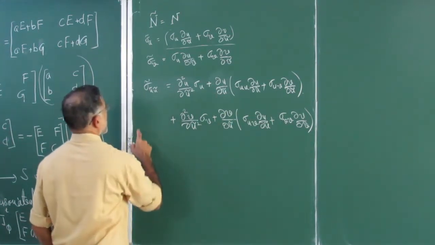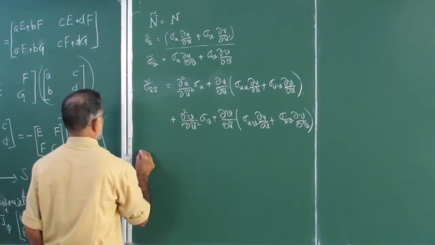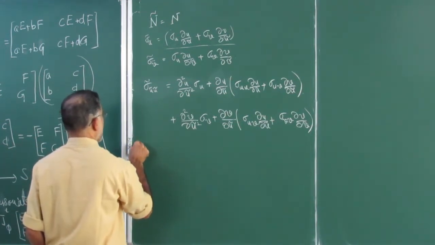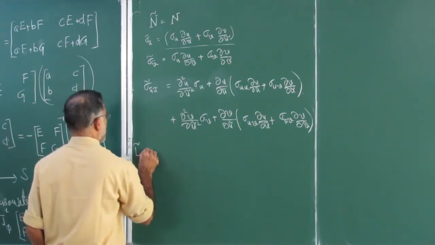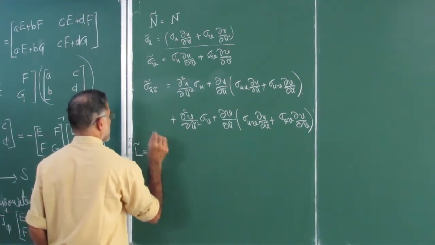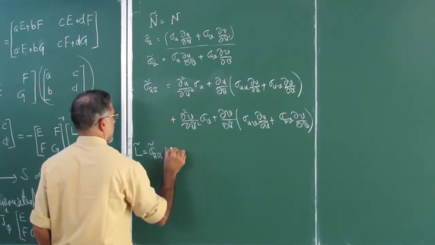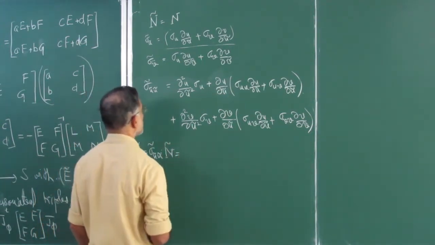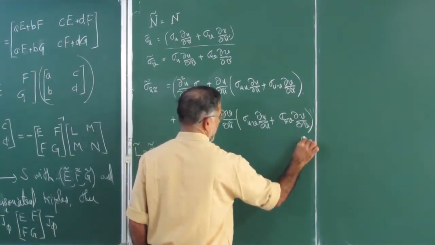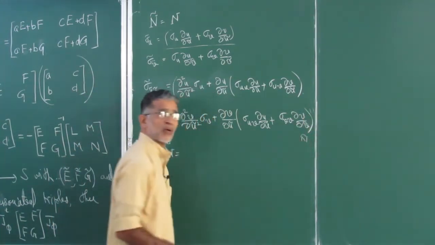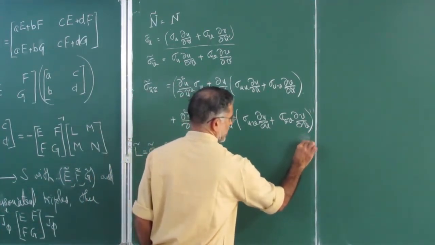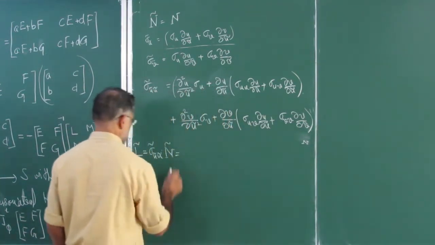Now let's look at what you get here. So let's write L tilde. L tilde is sigma tilde u tilde u tilde dot n tilde. That is the same as this whole expression dot n tilde, but we have taken n tilde equal to n. So you can compute just by taking the dot product with n. So let us do that.